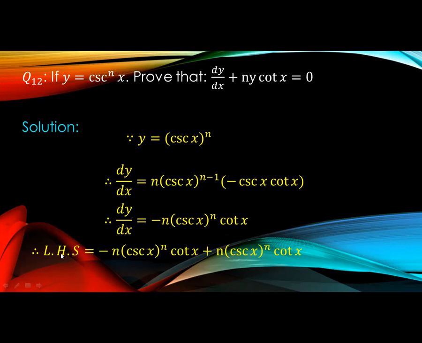So the left hand side of the request is dy by dx. We can substitute this value: negative n times cosec to the power n times cotan x plus n cosec x to the power n times cotan x, that is equal to 0, the value of the right hand side.